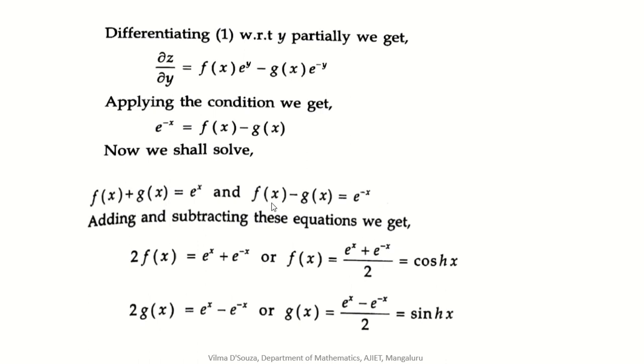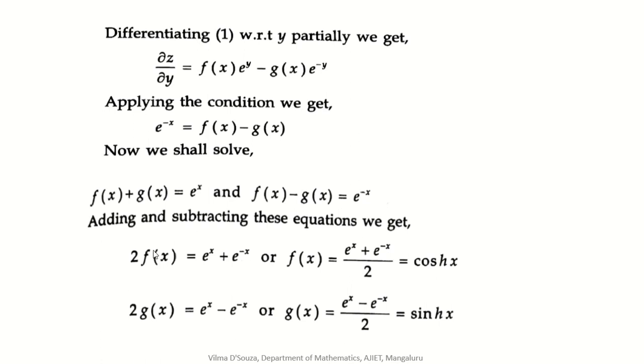When you add these two equations, what is the left hand side? F of x plus f of x, that is 2f of x, plus g of x minus g of x, so the g terms cancel. So you are left with only 2 into f of x on the left hand side. On the right hand side it is e power x plus e power minus x.